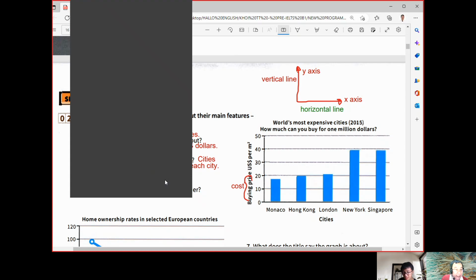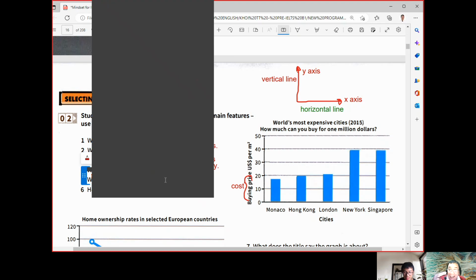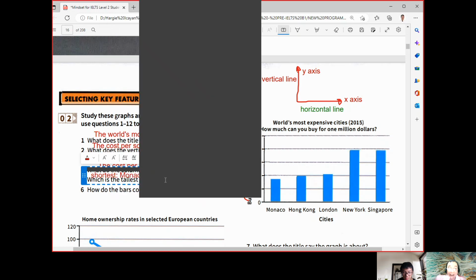And the tallest, I'm not sure between New York and Singapore, but approximately they are tied. But I consider New York a bit higher. So that would be New York slash Singapore. Approximately they have the same number.